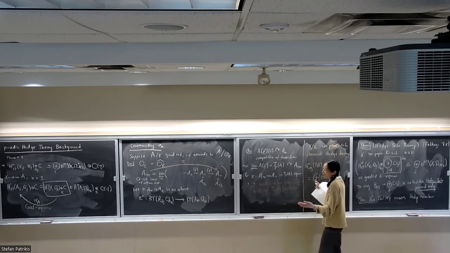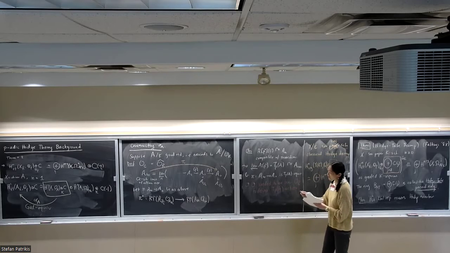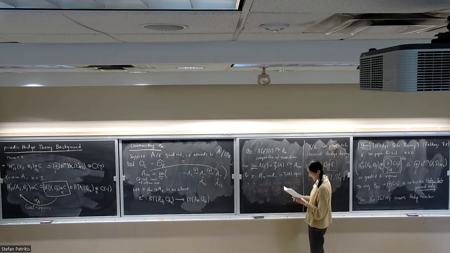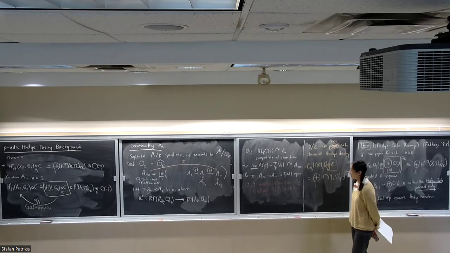So that means you had to pass to a very large extension. So to get this action as actual morphisms of schemes, we needed to base change. So, are those eyes? Yeah, they're eyeballs.